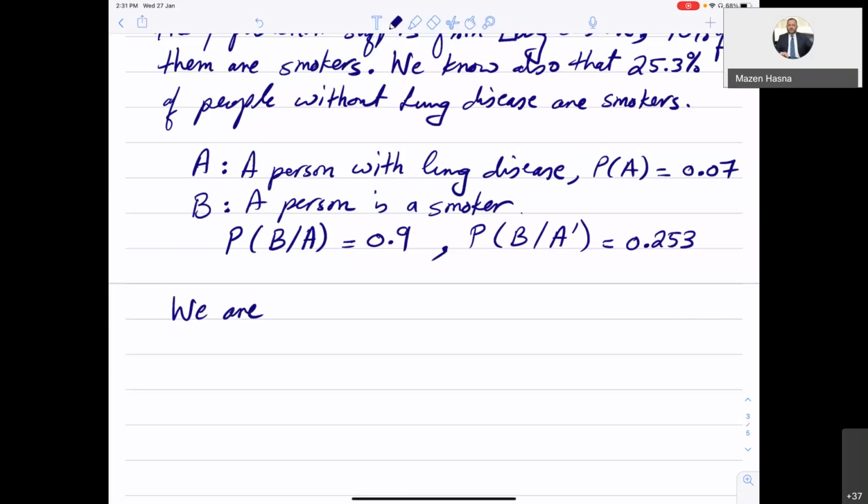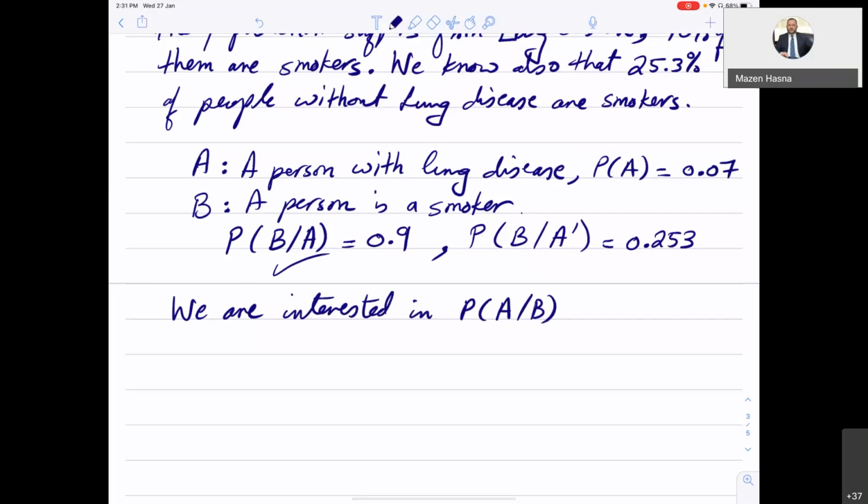You don't want to wait until you have lung cancer and then check if you smoke or not. Usually, those who smoke want to see the chances of a lung disease based on this data, right? So we are interested in P of A given B. It's the opposite one.